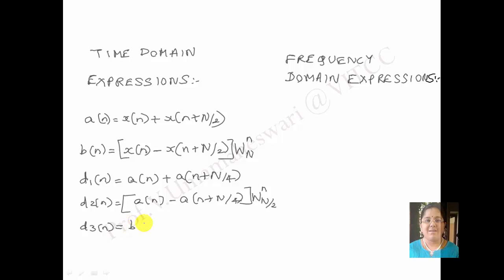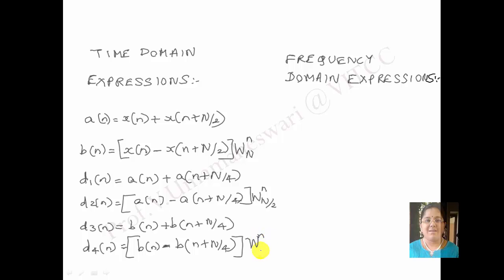B of n plus B of n plus N by 4. Then finally D4 of n will be what? B of n minus B of n plus N by 4, the whole into W_N^(n) by 2. Okay, so these are the time domain expressions.